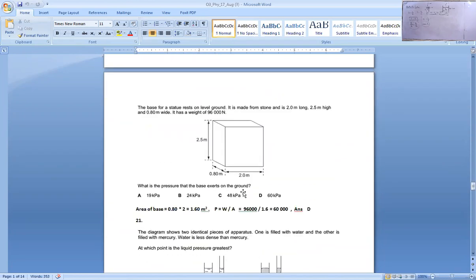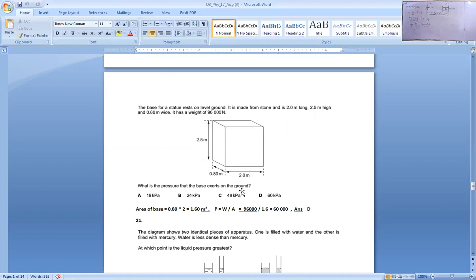Number 20 says the base of a statue rests on the ground. It is made from stone and is 2 meter long, 2.5 meter high, and 0.80 meter wide. It has a weight of 96,000 Newton. What is the pressure that the base exerts on the ground? Now, pressure is force over area.